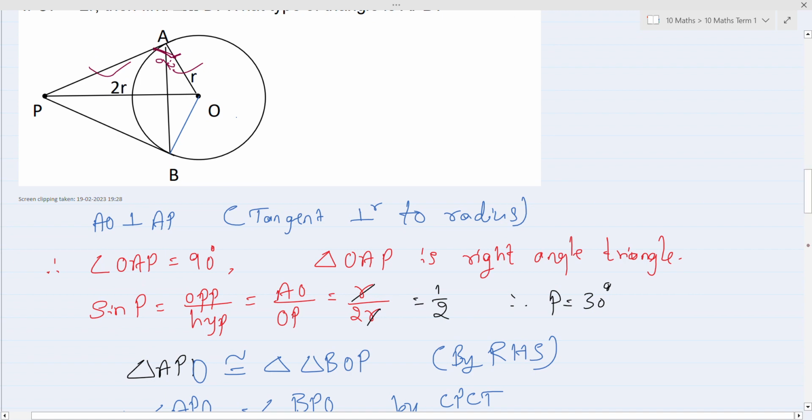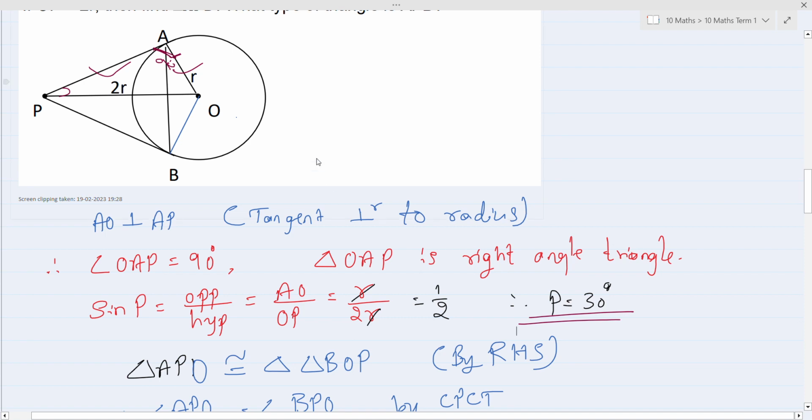If you apply trigonometry, sin P for this triangle, the acute angle at P, is opposite side by hypotenuse. Opposite is AO, hypotenuse is OP. The measures are R divided by 2R, that gives 1 by 2. By comparing with the trigonometric table, we get angle P is equal to 30 degrees.